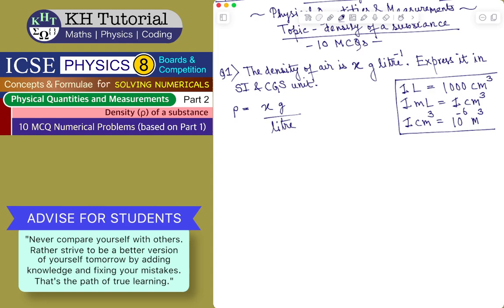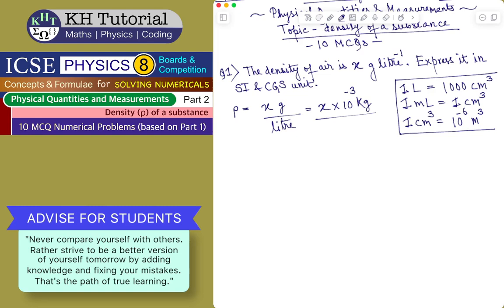Okay, so I have density given as x gram per liter. If I want to convert x gram to kilogram, this will be x multiplied by 10 to the power minus 3 kilogram, since 1 gram is 10 to the power minus 3 kilogram. And now I have to convert the liter to meter cube.